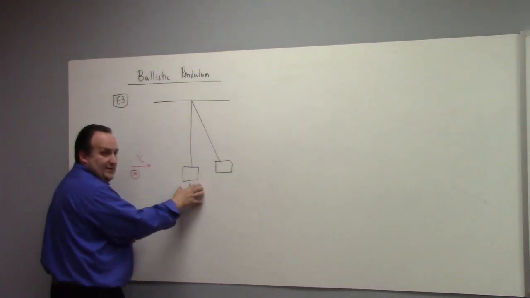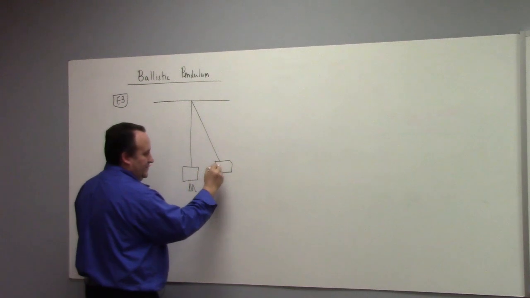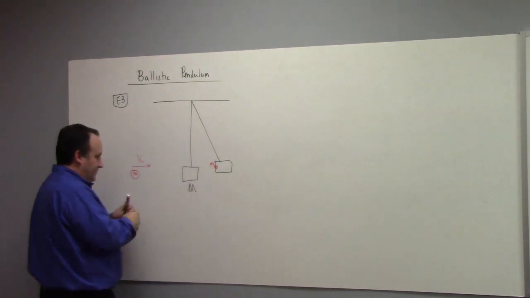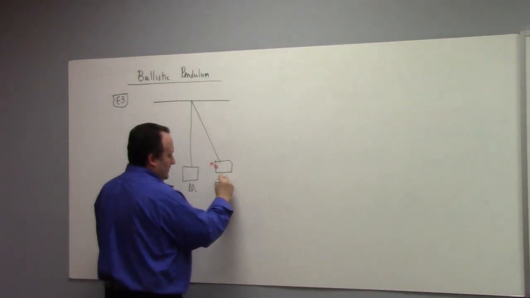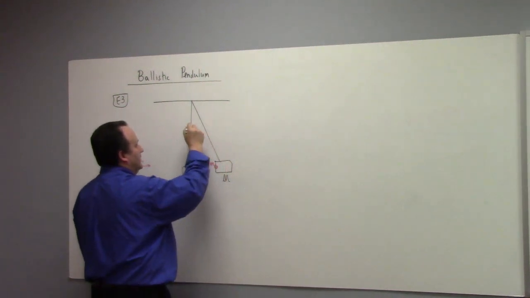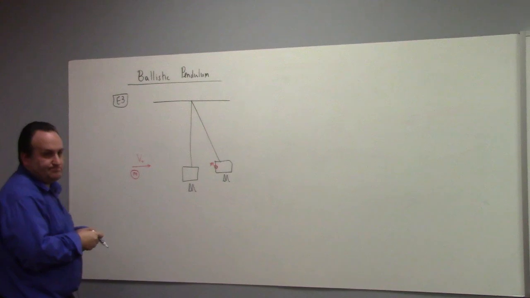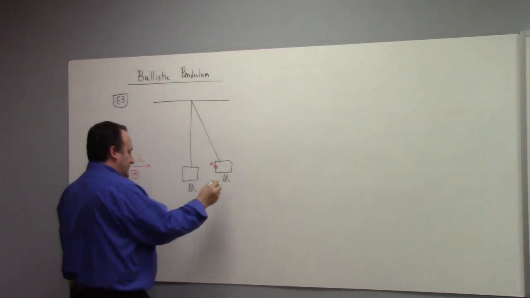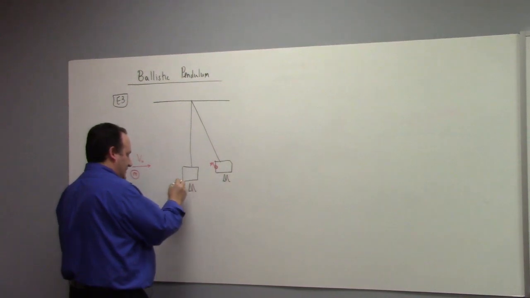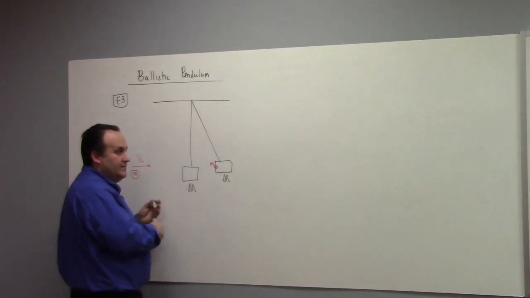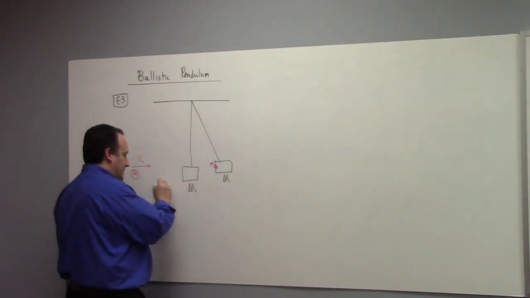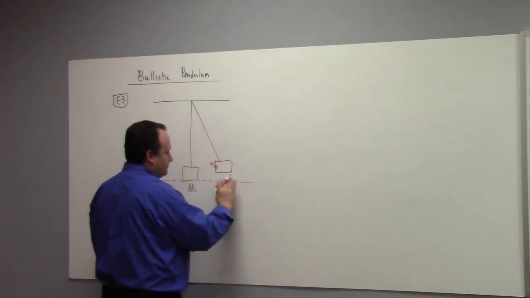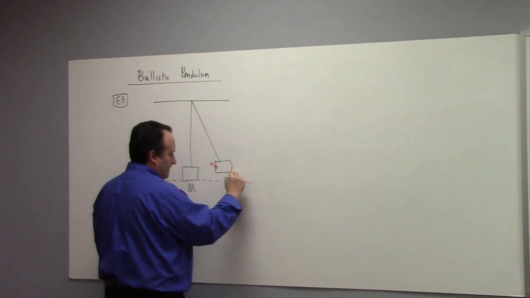And then the combined system, the m and the m, they swing up here some angle. We're not really so much concerned about the angle. I'm interested in the question of how high does the system swing after it's been hit by the bullet? Like what's this distance here?